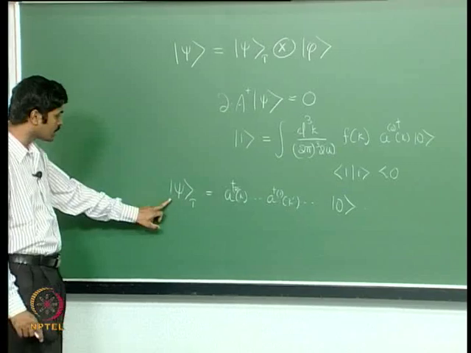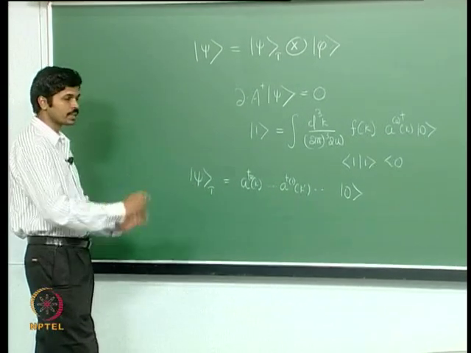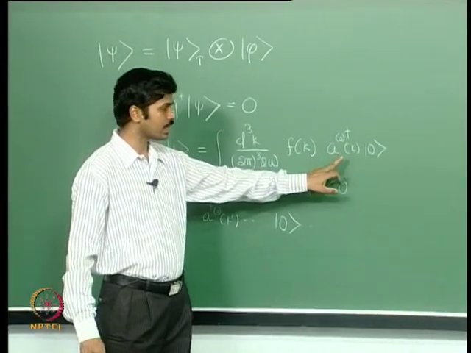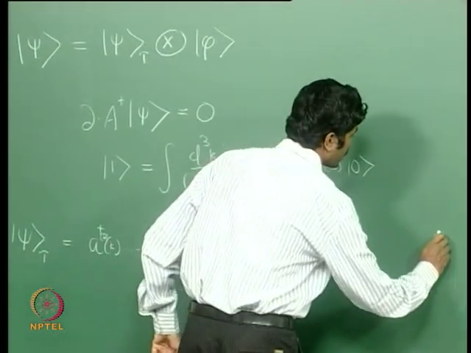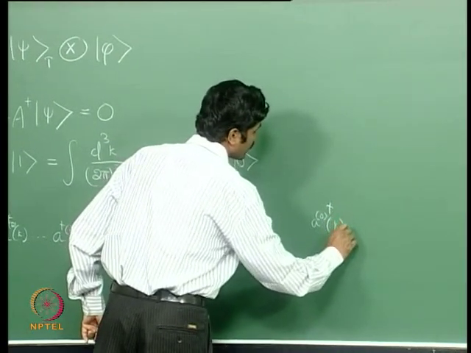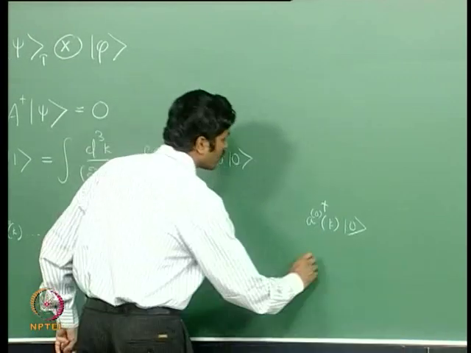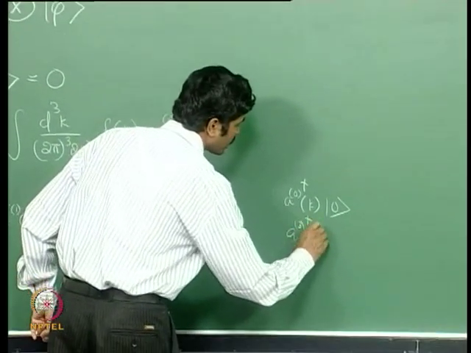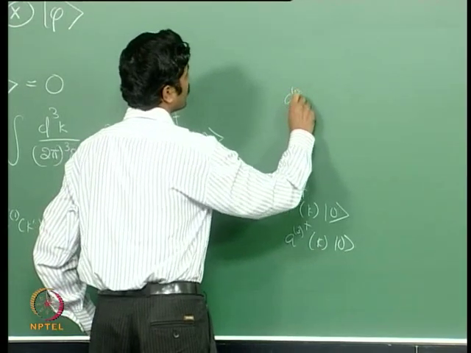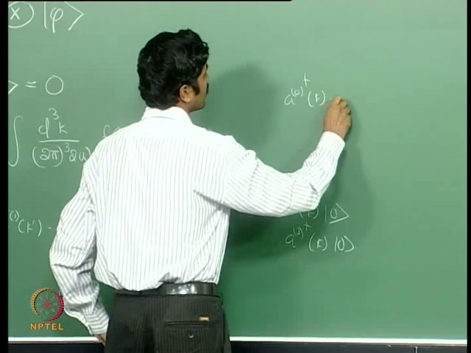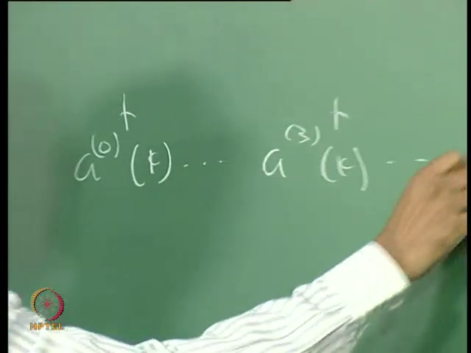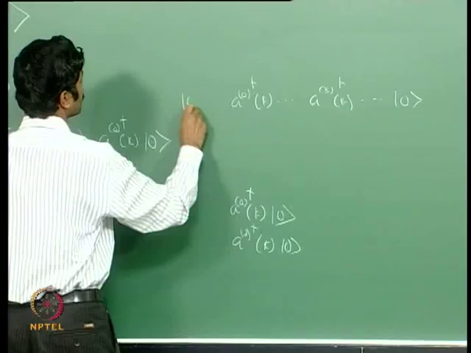However, in addition to these states, there are a bunch of states which are also generated by the scalar as well as longitudinal operators, which are of this type: a 0 dagger k acting on this, or a 3 dagger k acting on this, or a bunch of operators like a 0 dagger k, a 3 dagger k, and so on, acting on the state.